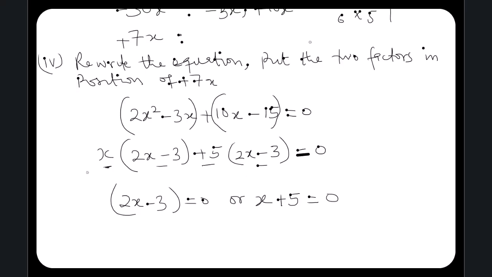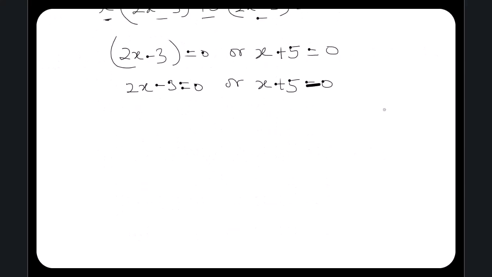If you do that, you can say that 2x minus 3 is equal to 0, or x plus 5 is equal to 0. So you have 2x is equal to, take minus 3 to this side of the equation, you have plus 3, right?